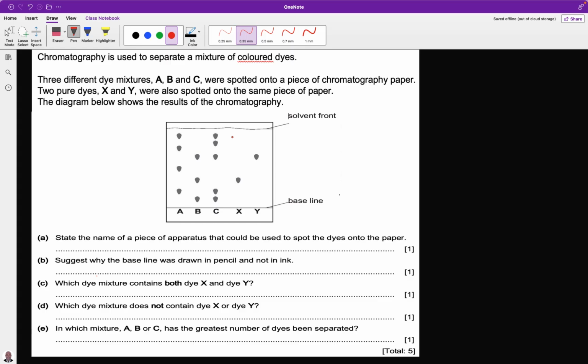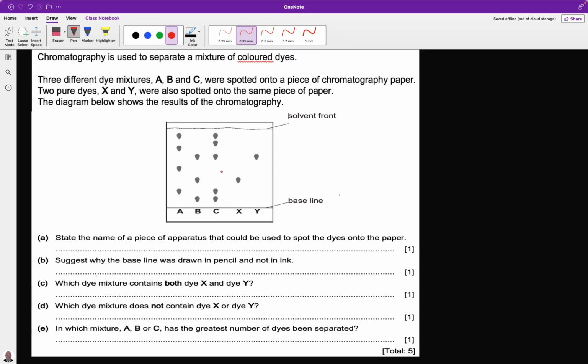Question A. State the name of a piece of apparatus that could be used to spot the dyes onto the paper. What apparatus could be used to spot the dye on this baseline, to spot the dye on A, on B, on C?